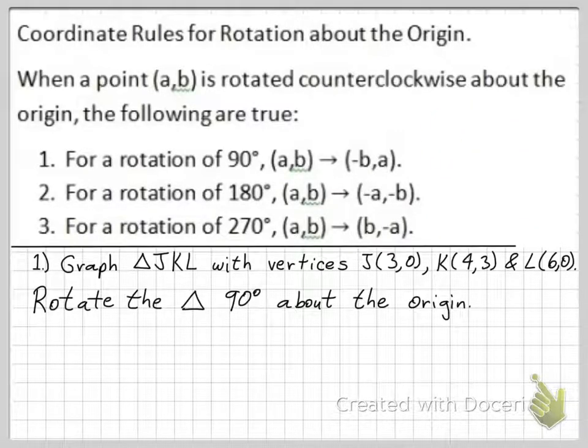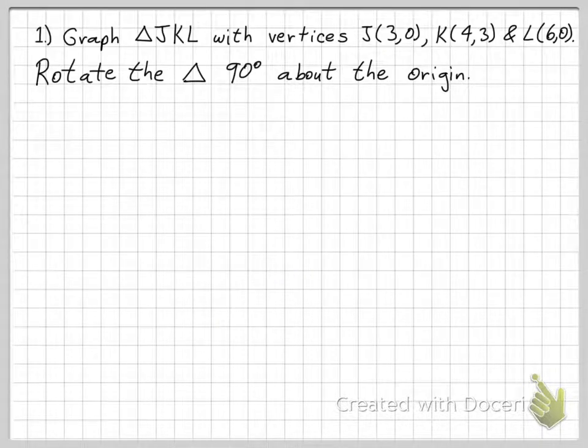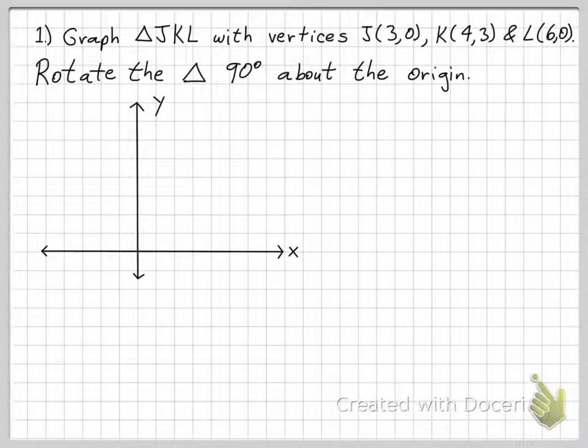So, moving right along, graph triangle JKL with vertices J is (3, 0), K is (4, 3), and L is (6, 0). Rotate the triangle 90 degrees about the origin. I just copied the prompt onto this next frame so we'd have some room. Here's my coordinate plane, and I'm going to plot point J, which is (3, 0).